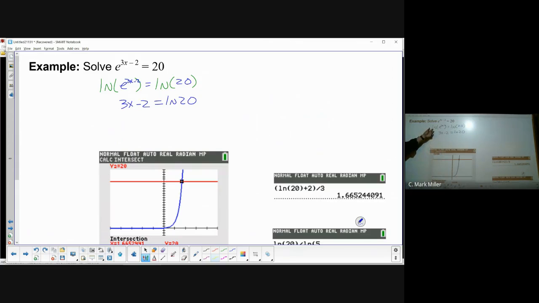Natural log and e to the power, those are inverses. And so here, 3x is natural log 20.